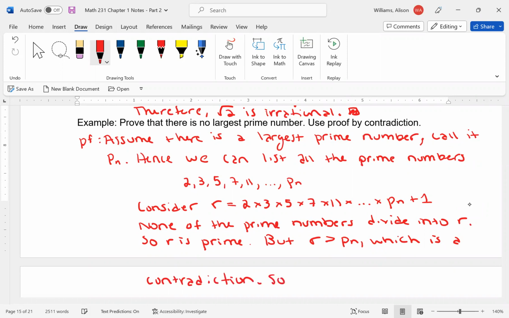So there is no largest prime. I'll put my end there because I'm running out of space. There's my little box. Okay. We did it.